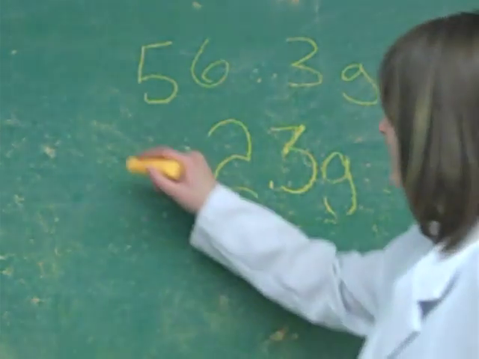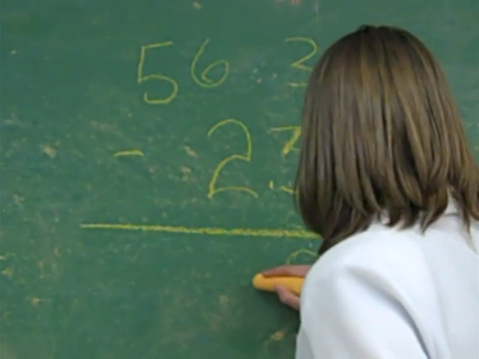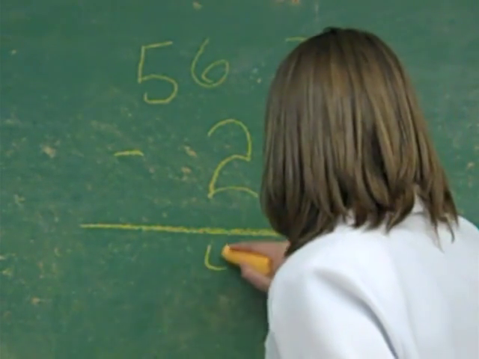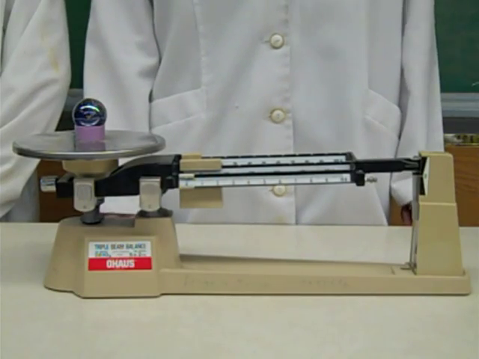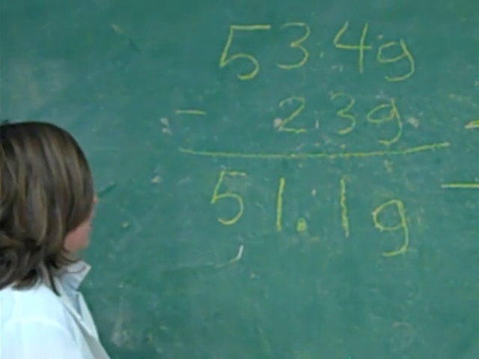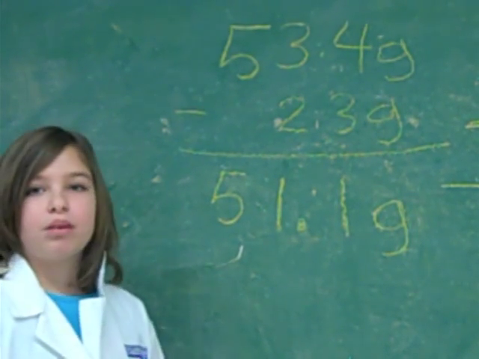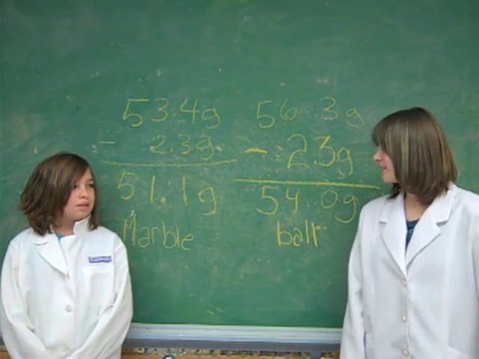We subtract the mass of the cup to find the mass of the ball, which is 54 grams. Now we'll find the mass of the marble. We do the same math and find it's 51 1/10 grams. There is more matter in the ball because it has more mass.